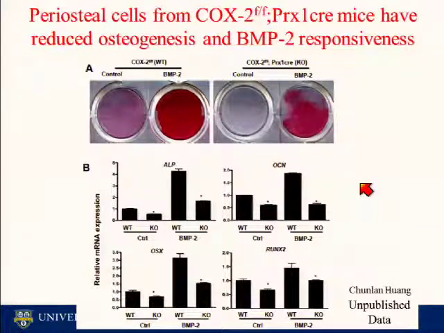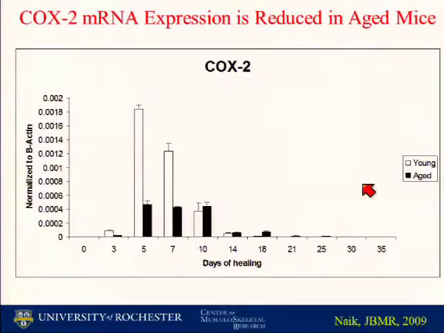One of the things that we have studied is that COX-2 production is reduced with aging. So this may be one of the cell autonomous effects. And also these can act as paracrine factors. Again, in our transplantation model, adjacent periosteal cells can produce PGE2, the metabolite of COX-2, to help drive this process.